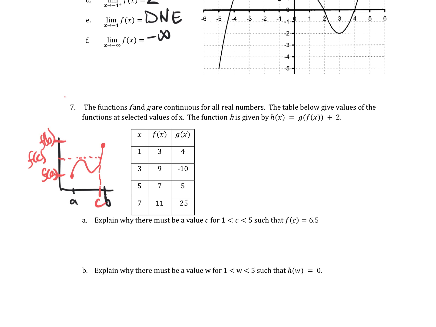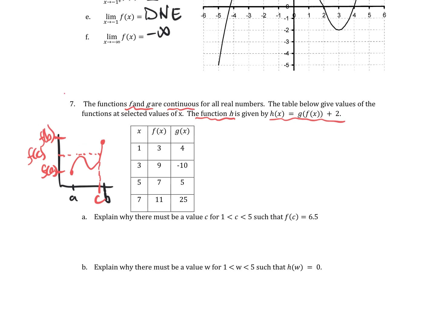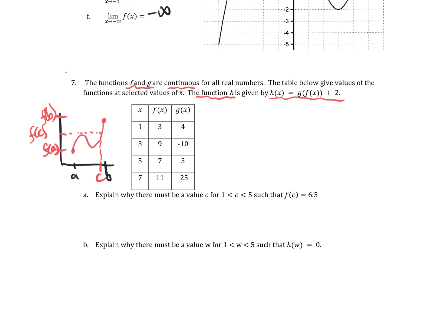So here we've got functions f and g that are continuous, and a table below, and another function h that's defined like this. We want to explain a couple things using the intermediate value theorem.